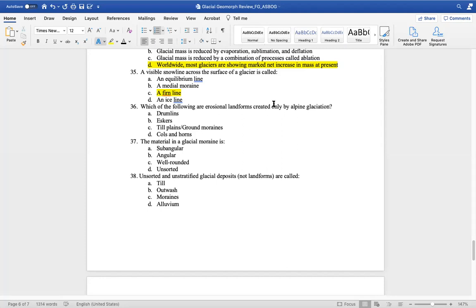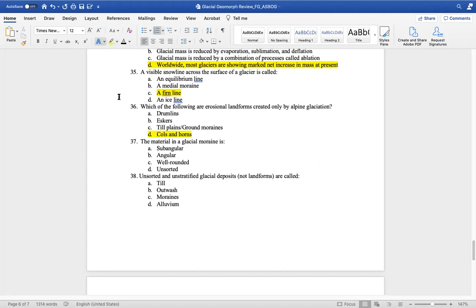It's the high point in an arête, sculpted by erosion of three or more cirques. It kind of has this pyramidal shape, and so those are alpine glaciated erosional landforms, whereas drumlins and eskers and moraines are all depositional. So D is our correct answer.